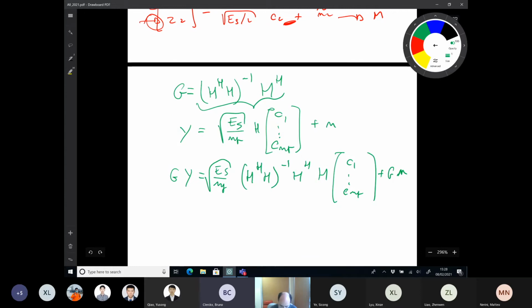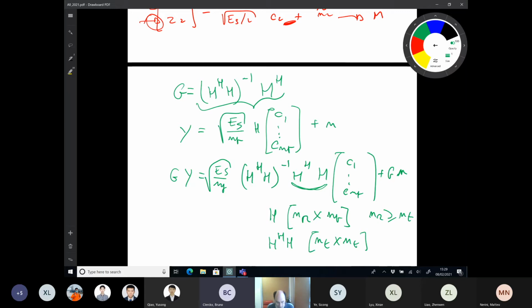So you see that actually now H is NR times NT, right? NR is larger or equal to NT, and I transmit NT streams, right? So I have this here, H Hermitian H will be NT by NT, right? And assuming that actually this is full rank, then you can take the inverse here.